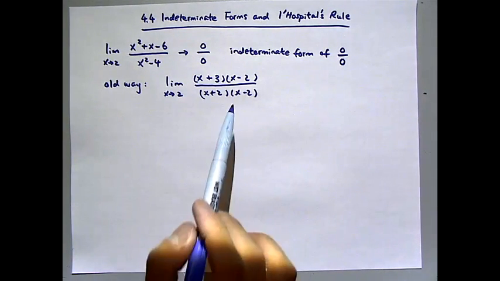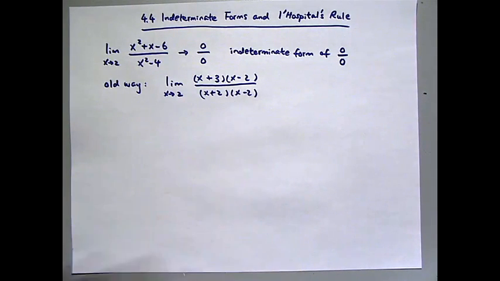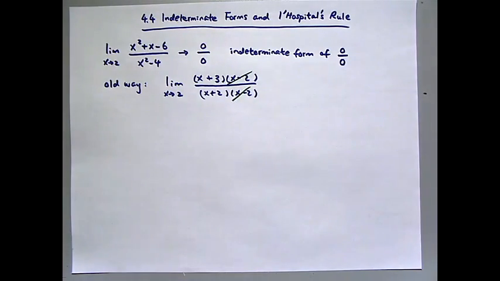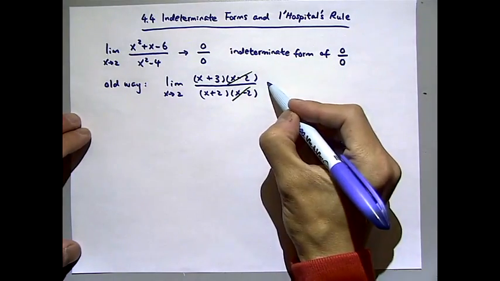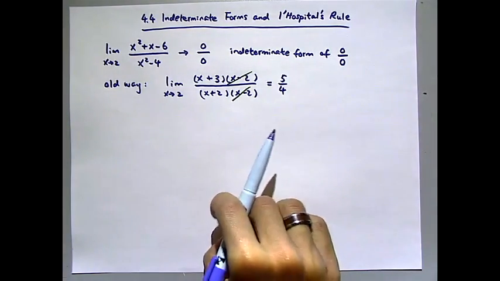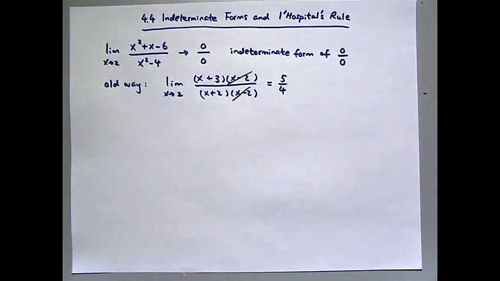We discover what was causing the 0 over 0, and then we got rid of them. And in the end, we let x be 2, and we get 5 over 4. Okay, so this was fine when we had polynomials, and when we have things like trig, things get a little bit more complicated.